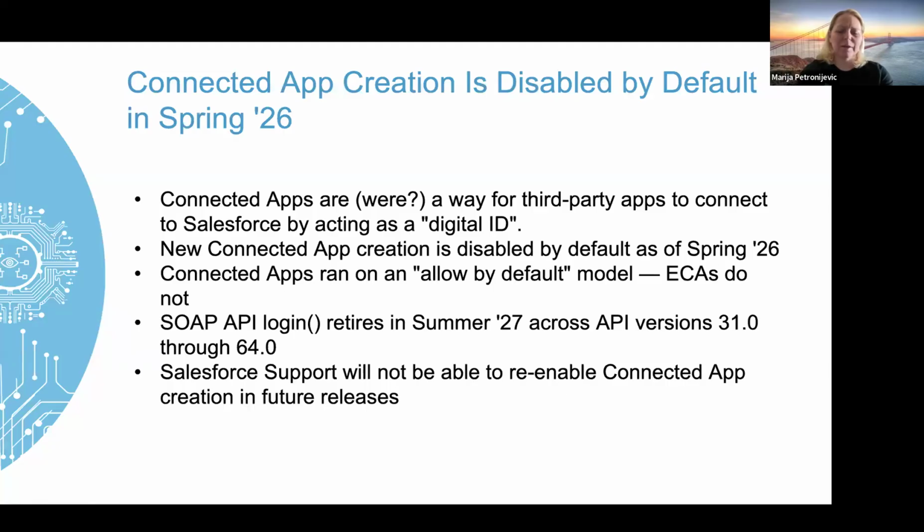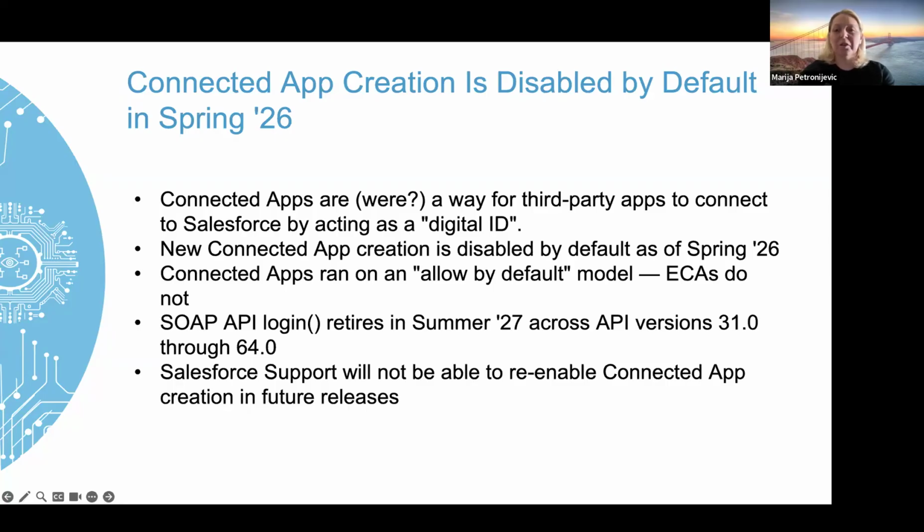So today we're going to talk about connected apps and what's happening in that world, specifically what's new, in case there's anybody watching who's not really familiar with this. Connected apps are essentially a way for third-party apps to connect to your Salesforce.